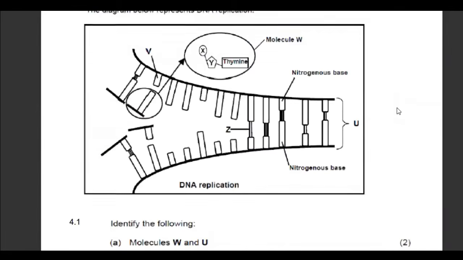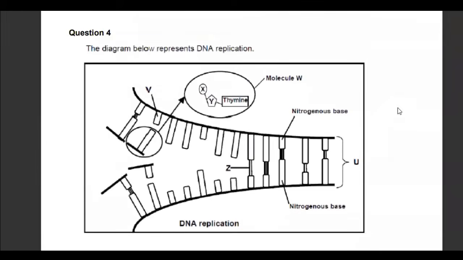If they bring a question like this, how do you answer? This is a DNA molecule. So if you look at it here, you see it is a DNA molecule. And why is it a DNA molecule? Because of the thymine, which is indicated in the nitrogenous base.